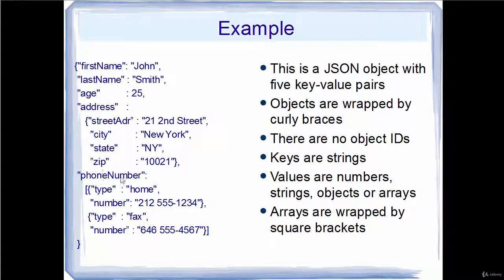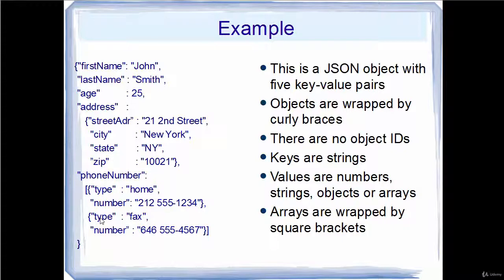Now let's come to the phone numbers, right? So a person can have multiple phone numbers, okay, and you can define these phone numbers in the form of an array. So you can see a square bracket here, and inside the square bracket you have defined two objects. The first object has type home and number, whatever the number is, right?